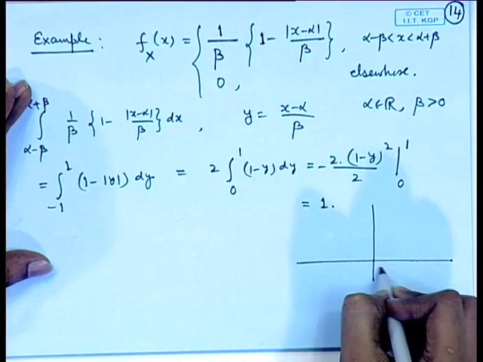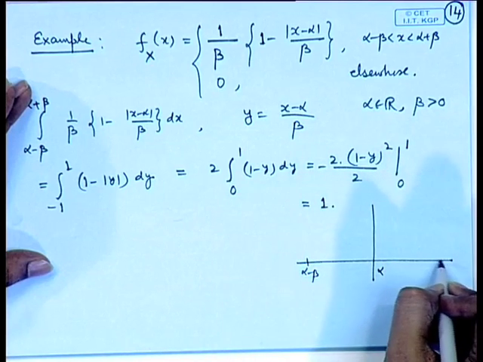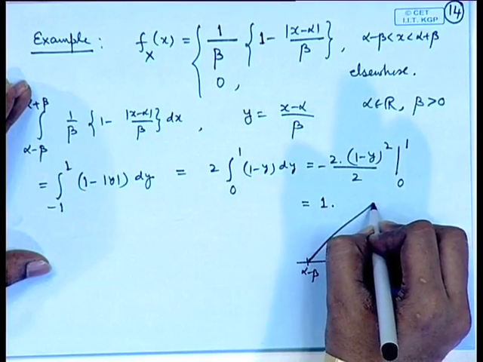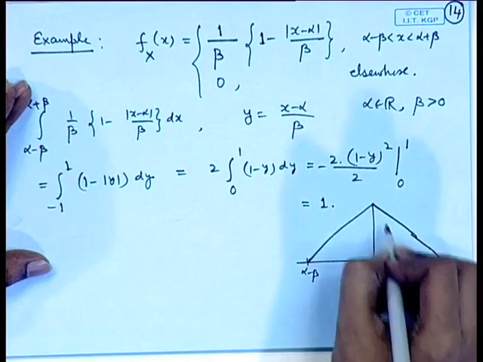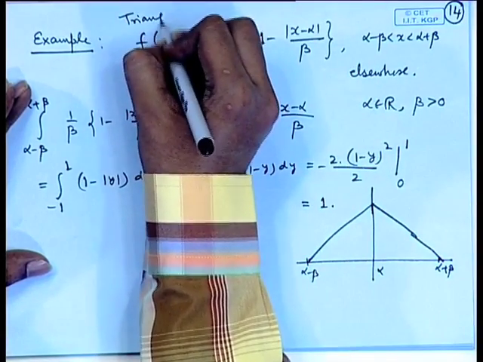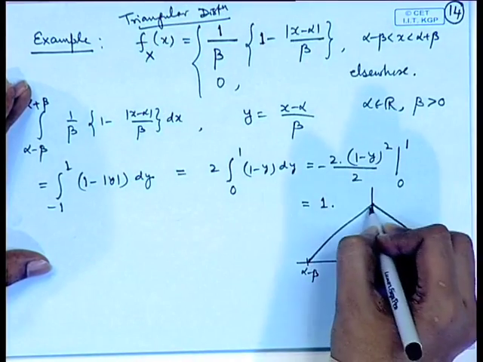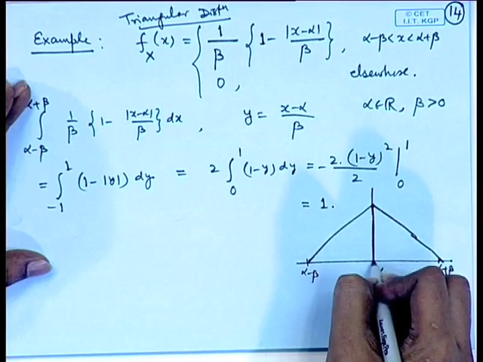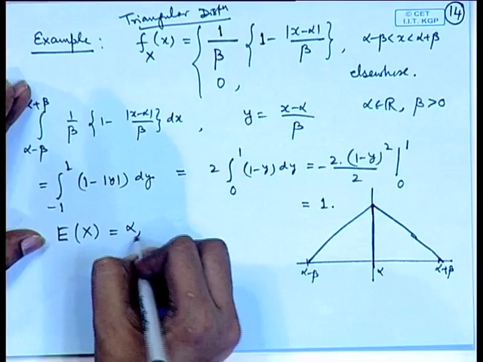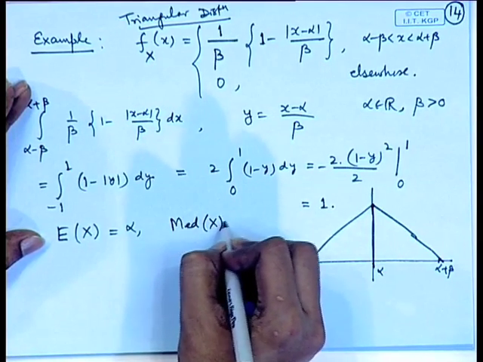If we consider this point as alpha, this as alpha minus beta, this as alpha plus beta, then the shape of the distribution is triangular. So, this is basically a triangular distribution. Therefore, easily you can see that the mean and median of this distribution must be alpha. Expectation of x must be alpha, the median of x must be alpha.